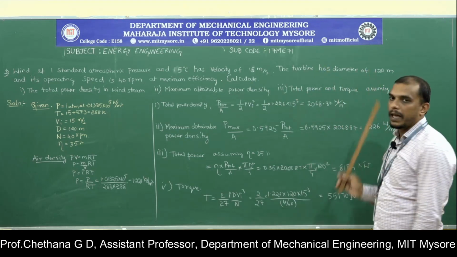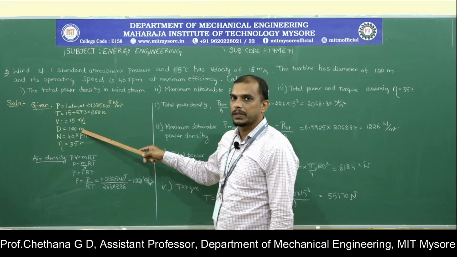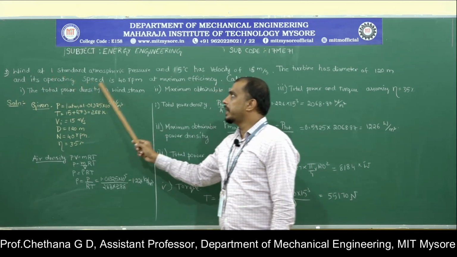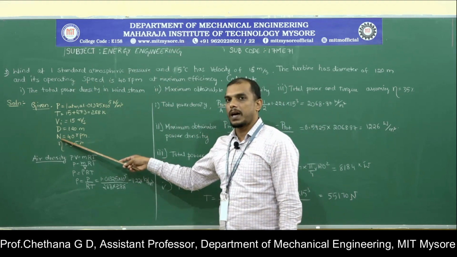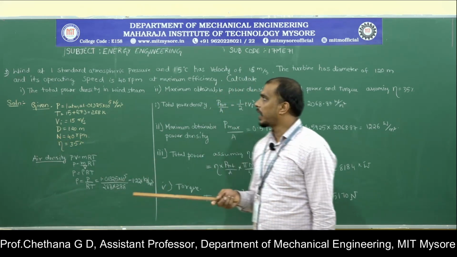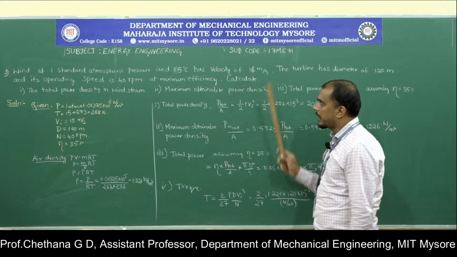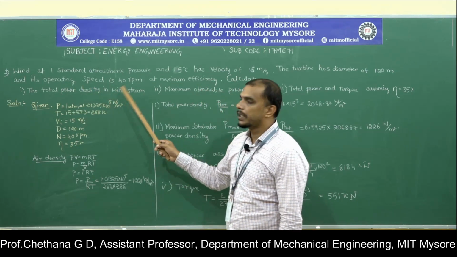The turbine has a diameter of 120 meters, and its operating speed is 40 rpm. We denote rpm by capital N. So N is equal to 40 rpm at maximum efficiency. Calculate, first one, the total power density in the wind stream.